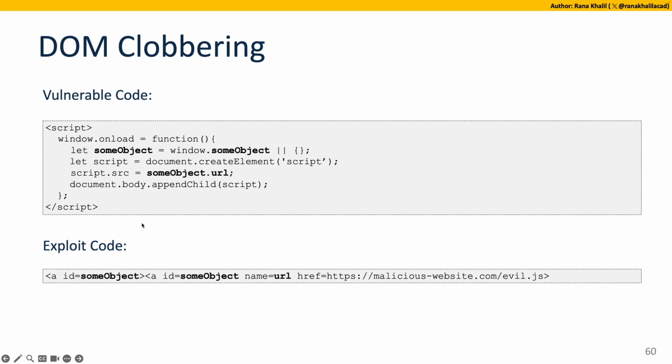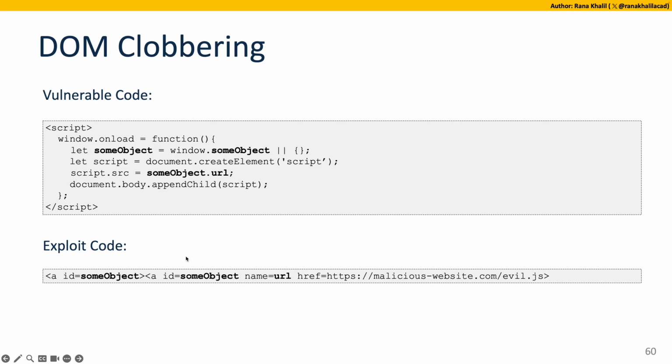Now, when you have two anchor elements with the same ID, the DOM is going to group them into something called an HTML collection. This is just an array of values. And so when the page is loaded and it runs this piece of code over here, it will attempt to retrieve the object SomeObject.